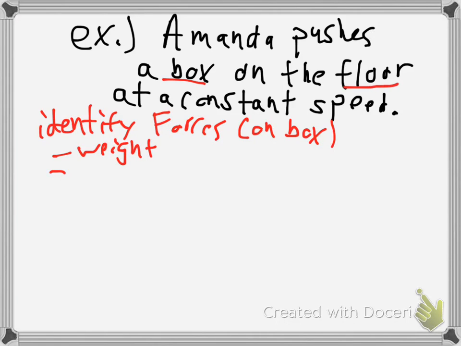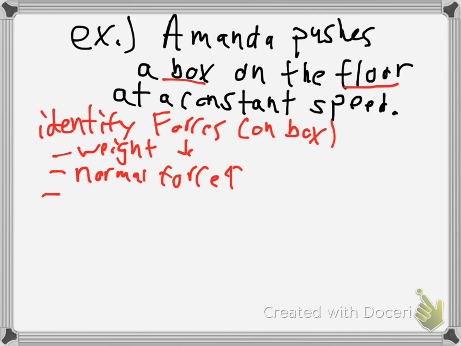So there's a force from the floor on the box that is pushing it up. So there is the normal force, which, since this is a flat floor, is going to be directly upwards. So the weight is going down, and this is going up.